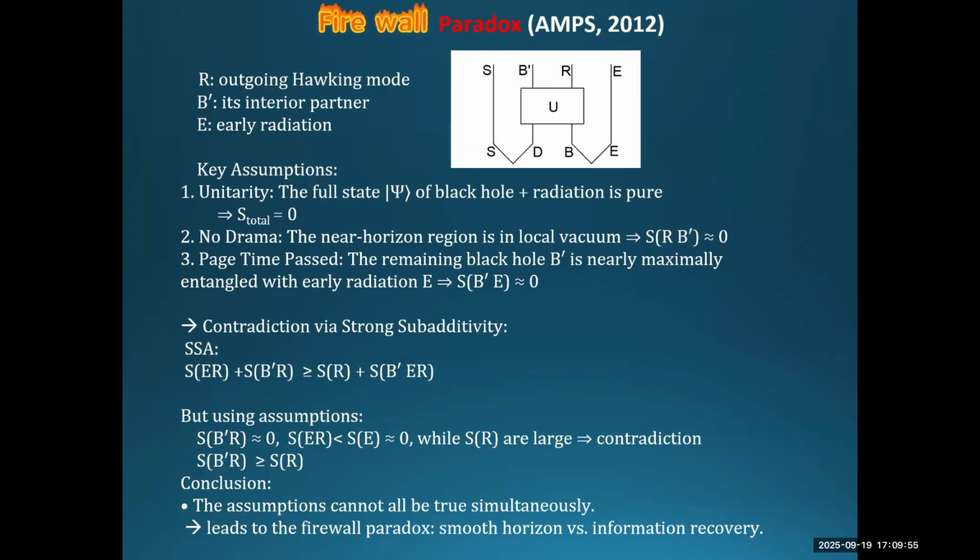After the Page time, this becomes very small, and B prime is small, so you can change it to SR and something like that. Then you can derive this relation, but B prime is small, while SR is not small. So there is a contradiction.